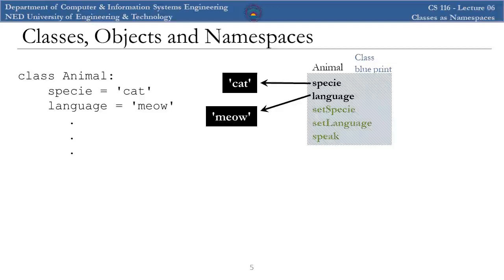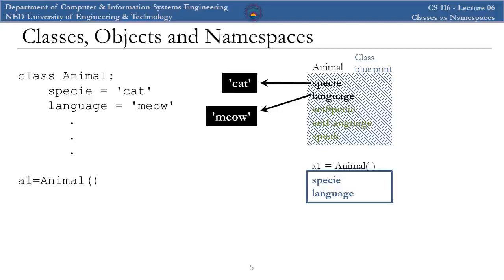Now let's run the test code. This first statement, a1 equals Animal followed by those round parentheses, will instantiate an object a1, and whenever an object is instantiated, a separate namespace is created for it. So this is a separate namespace, and you see here it holds a separate set of those attributes, species and language.